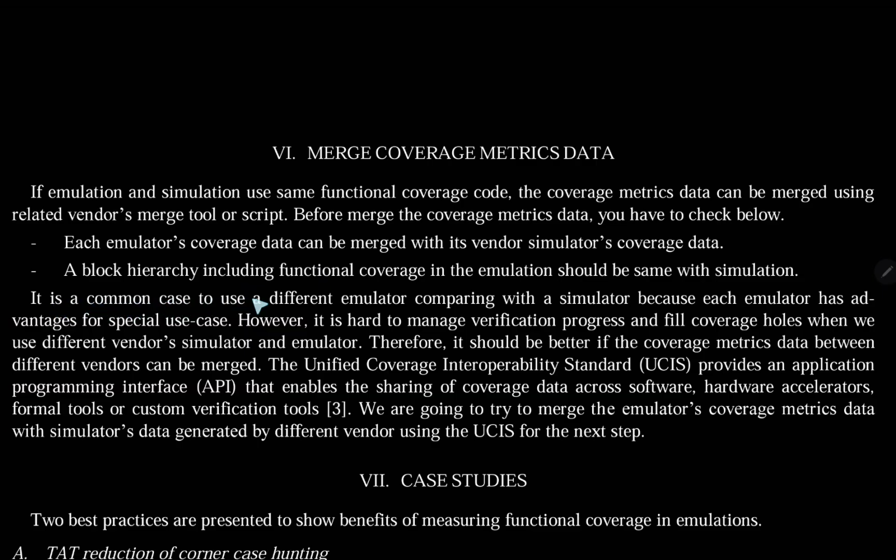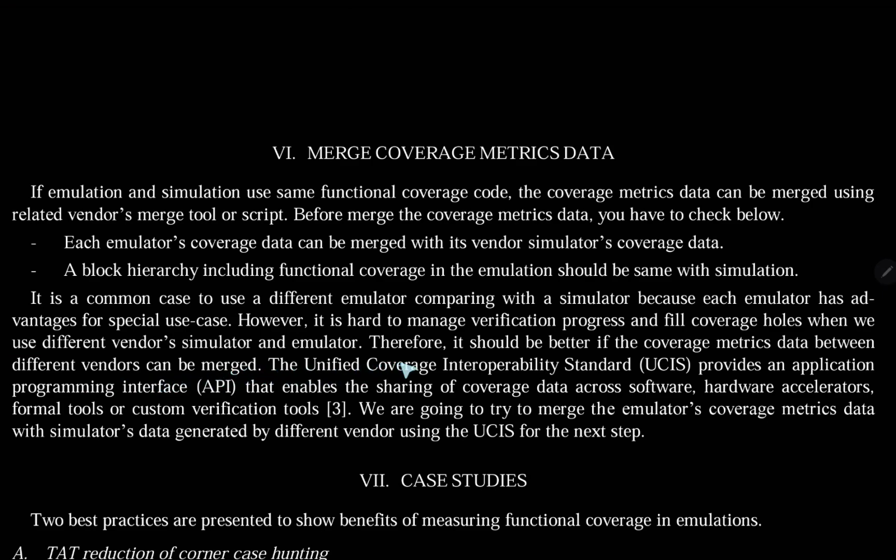It's a common case to use a different emulator compared with the simulator because each emulator has an advantage for a special use case. However, it's hard to manage verification progress and find coverage holes when we use different vendor simulators and emulators. Therefore, it would be better if the coverage metric data between the different vendors can be merged.